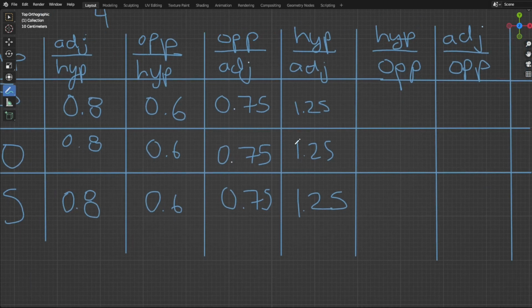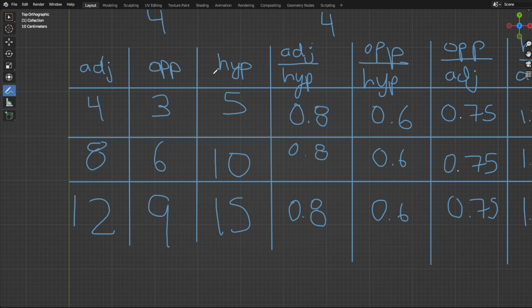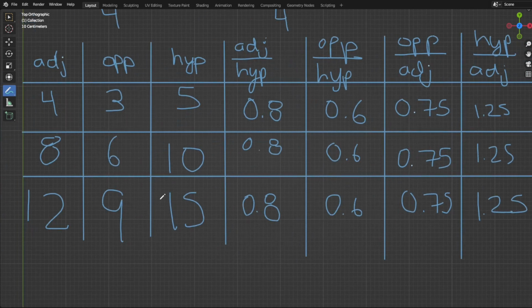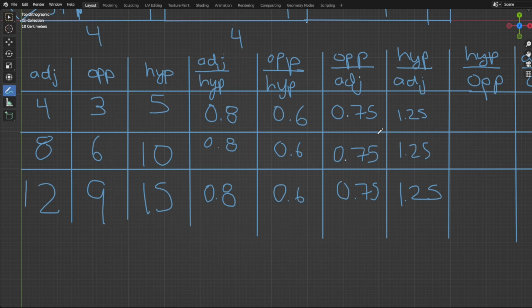And then what do we have for hypotenuse over opposite? That's this one over this one, which is 5 over 3, 10 over 6, and 15 over 9. All of those are 1.66 repeating, I'm pretty sure. I don't know, please correct me if I'm wrong.